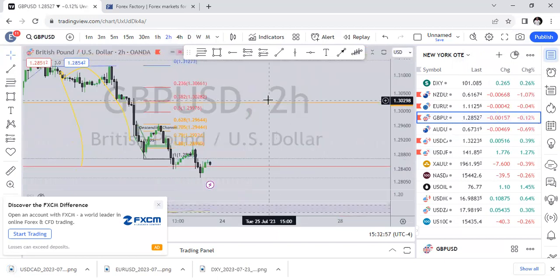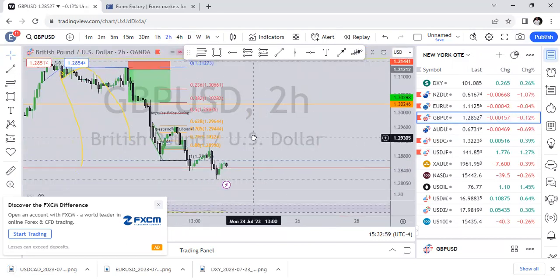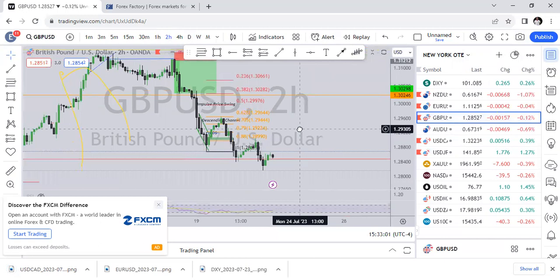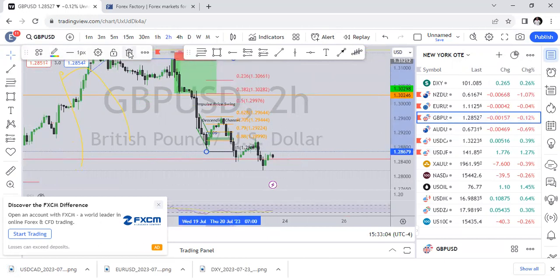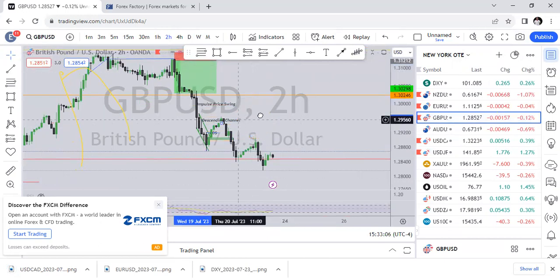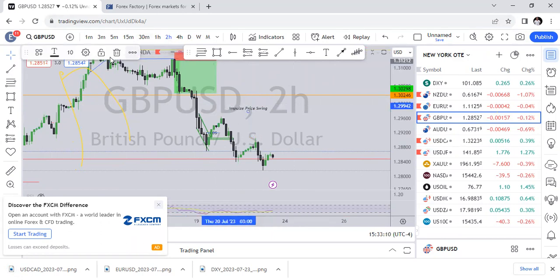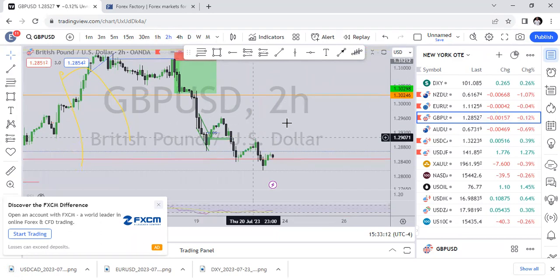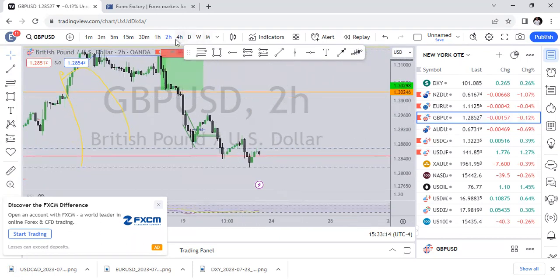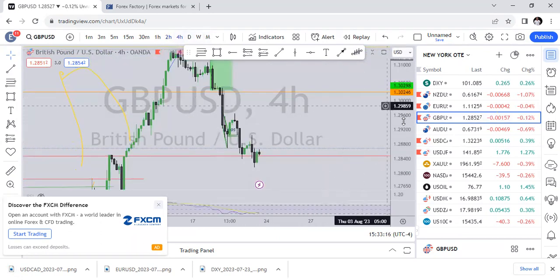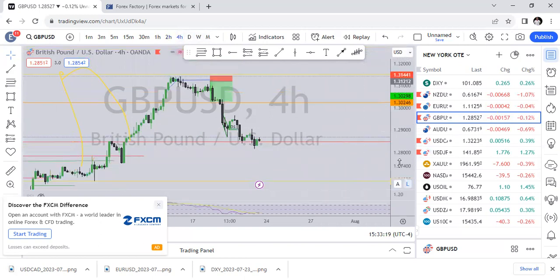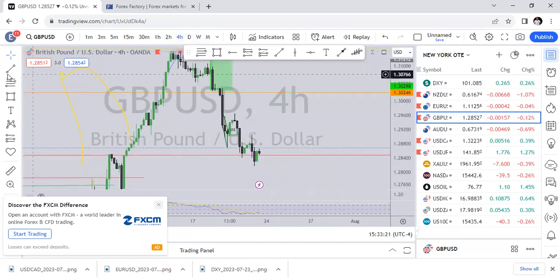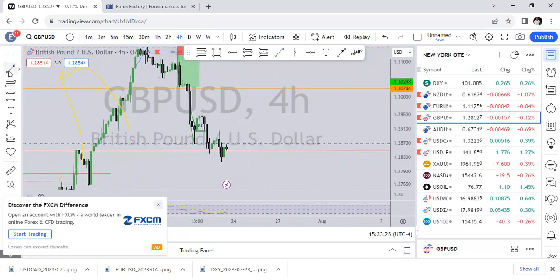GU, this is what GU is doing, based on what we are also expecting from the dollar. This is GU. The whole of this dropped like a pancake.